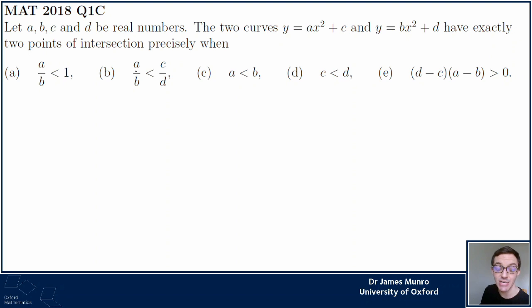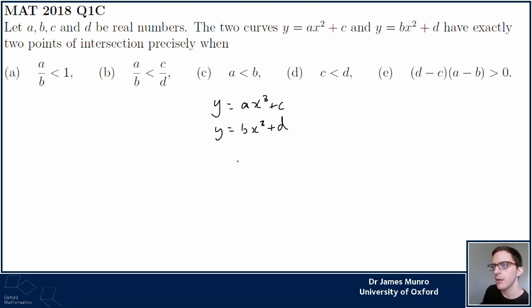So points of intersection would be points with the same x and y values. So I suppose I'd have simultaneous equations. y equals ax squared plus c, y equals bx squared plus d. This is how I like to think about points of intersection for curves where I'm given the equations of the curves. I like to think about them algebraically.